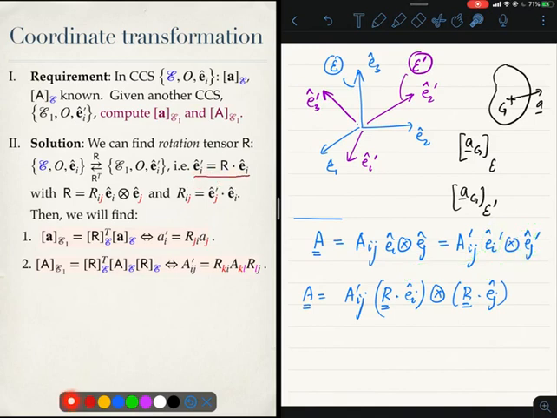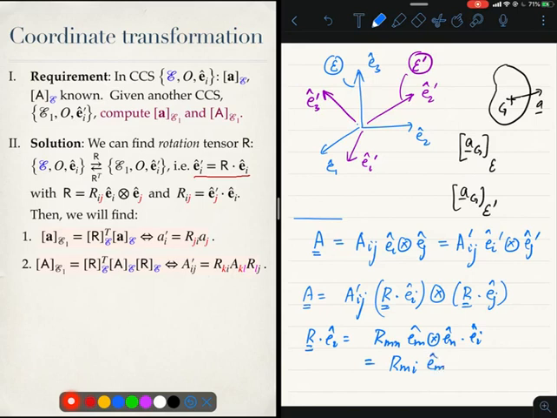All right, now let's just compute R dot e_i separately. R dot e_i is R m n e_m tensor e_n dot e_i, and that is simply, well, e_n dot e_i is delta n i, so n becomes i, and this becomes R m i e_m.